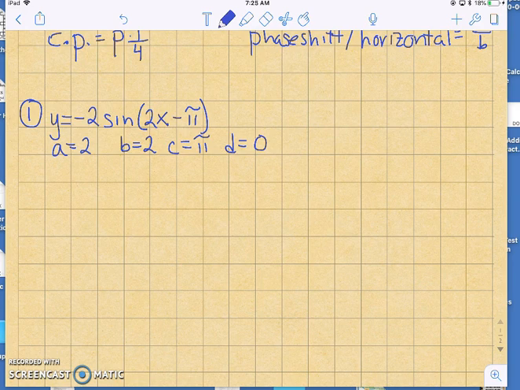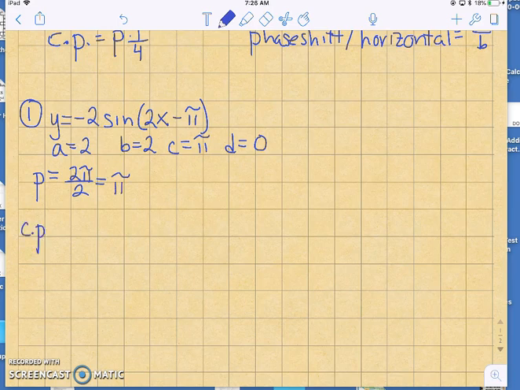All right, so our amplitude is 2. Our period would be 2 pi divided by 2, which is pi. So those critical points, we take our period times 1/4, so it's at pi over 4.